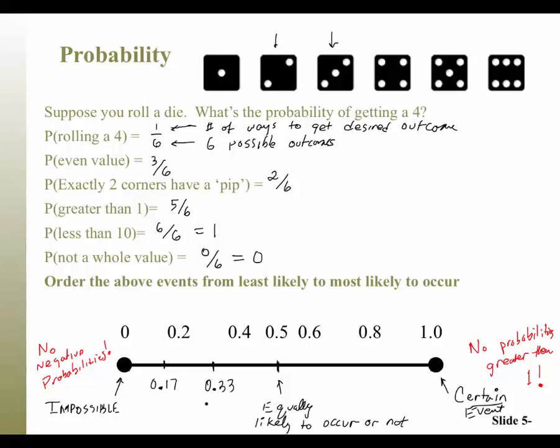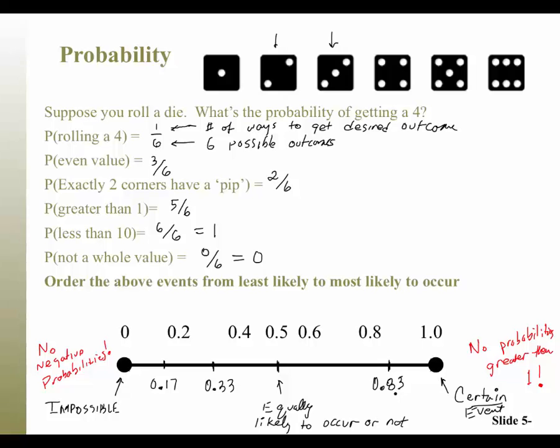And then what's next? 5/6. That is about 0.83, 0.84, around there. So, more likely to occur or not to occur? More likely to occur.